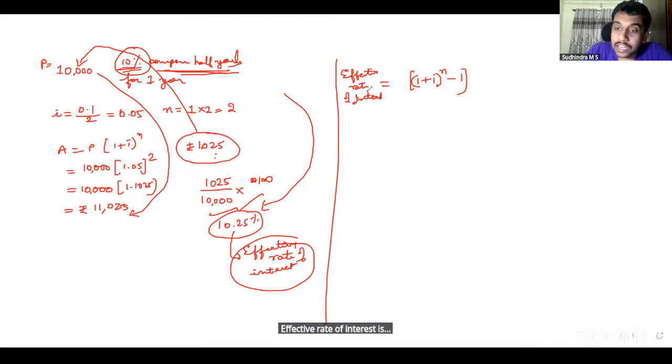Below that, effective rate of interest is the equivalent annual rate of interest compounded annually if interest is compounded more than once a year.